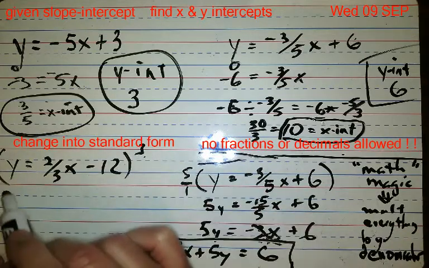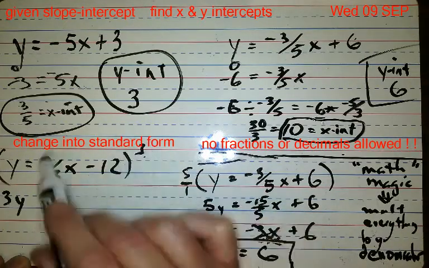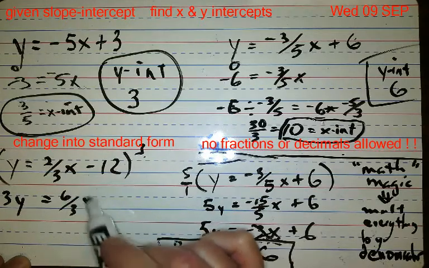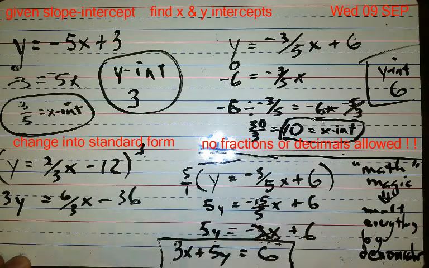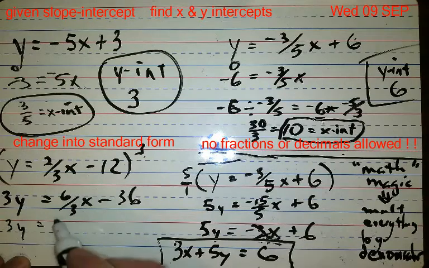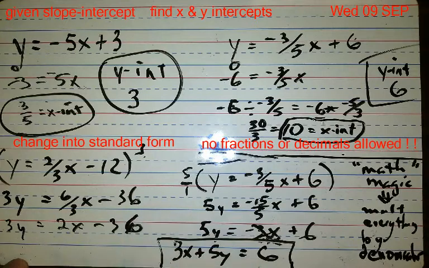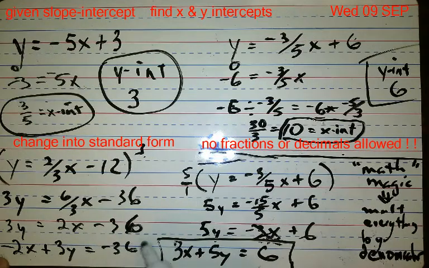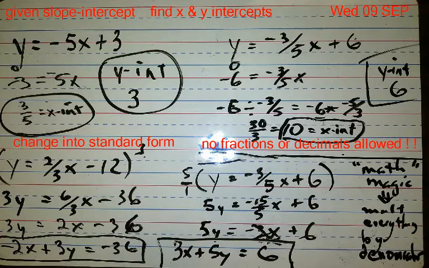So 3 times y is 3y. 3 times that is 6 over 3x. 3 times that is 36. Yep, sure is. And then divide this out. 3y equals 2x minus 36. And now, if I move the x to the other side, I'll have negative 2x, positive 3y, and negative 36. This is standard form.